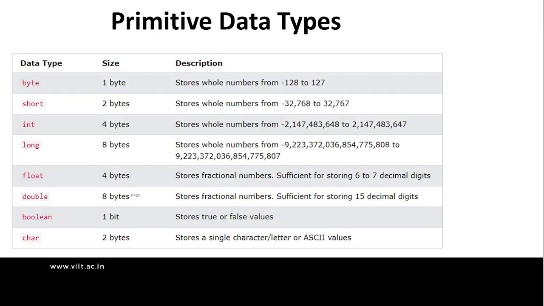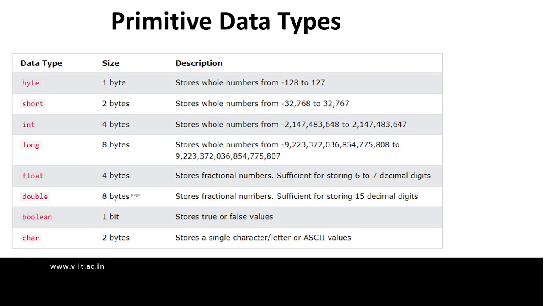In primitive data types, first is byte. It takes 1 byte to store in memory. If you declare a byte variable, it will take 1 byte in memory during program execution. This stores whole numbers from -128 to 127. In this way, a total of 256 numbers.